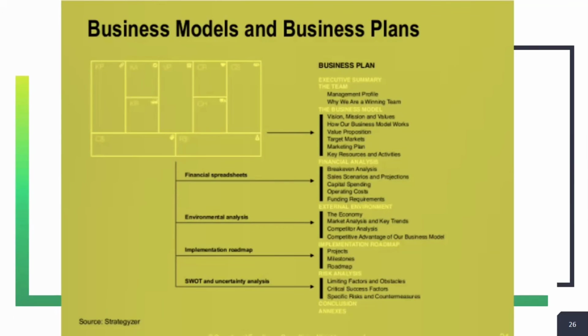In a nutshell, you will be aware of financial data, environmental or competitive analysis, implementation roadmap, SWOT and risk analysis, which would help you to prepare the proper detailed business plan.